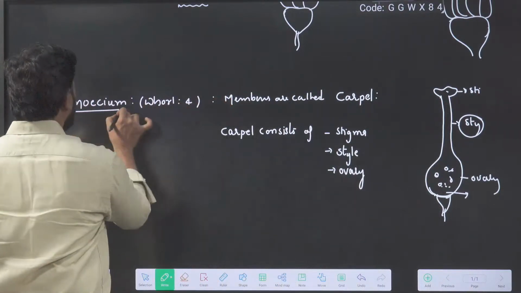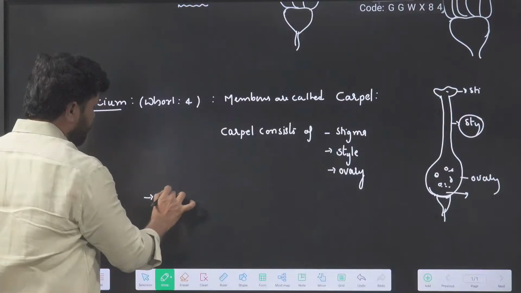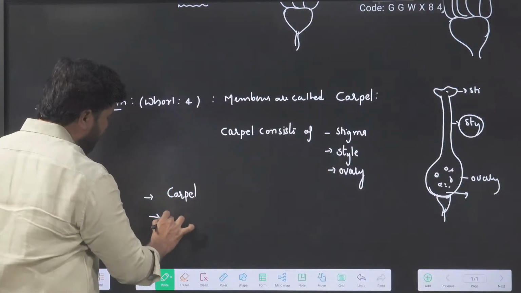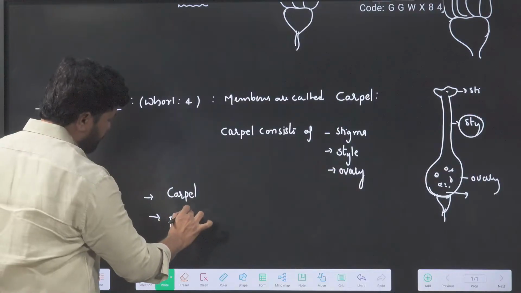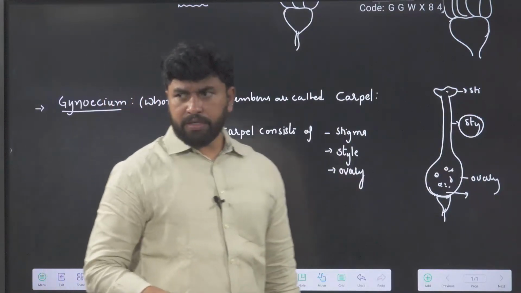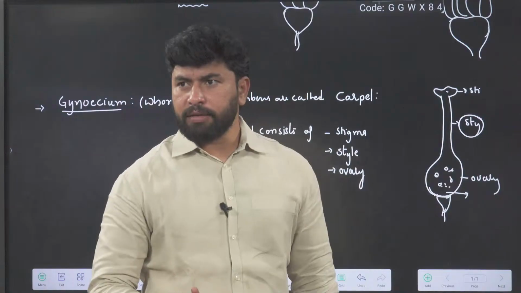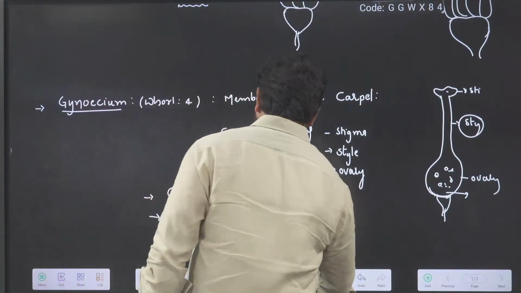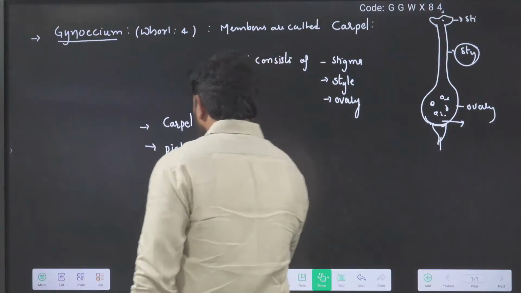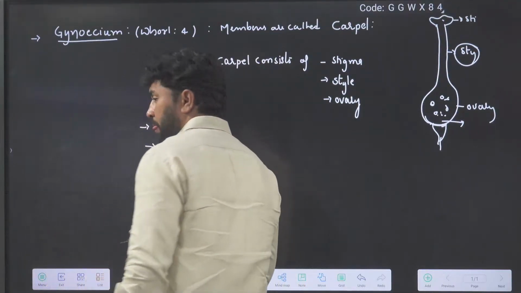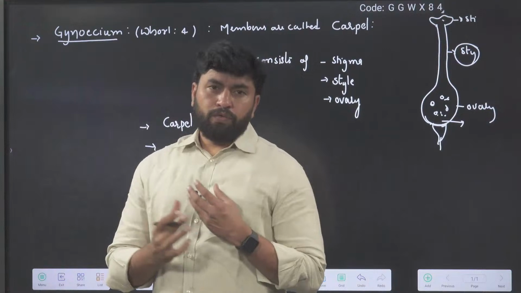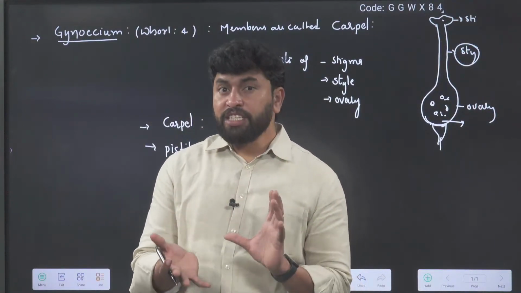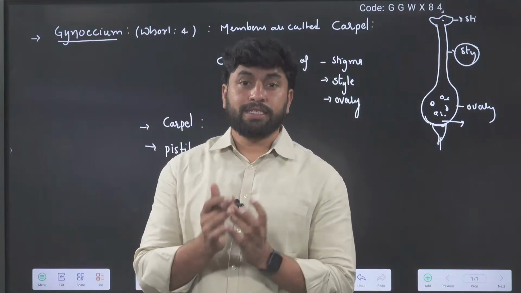Then come back to the story. If you talk about Gynoecium, sometimes they call it carpel, and sometimes they call it pistil. What is the difference between a carpel and a pistil? I told you the word Androecium, male reproductive part, but each male reproductive unit is stamen.